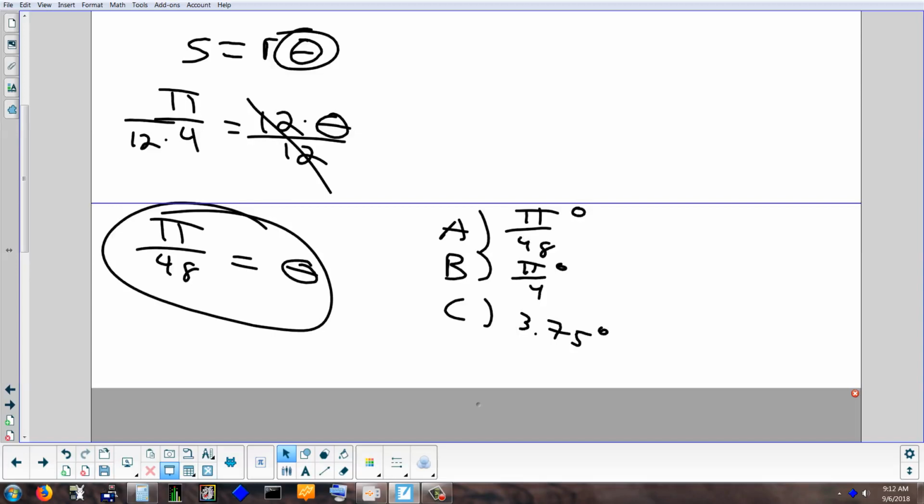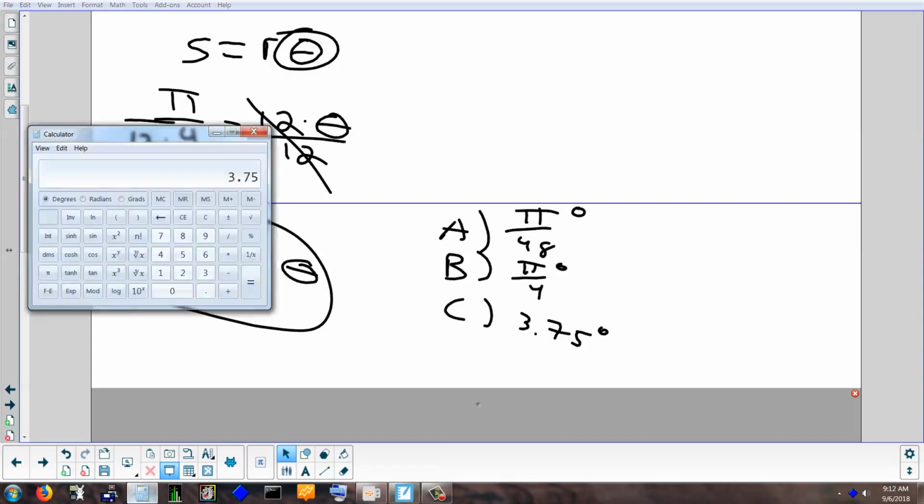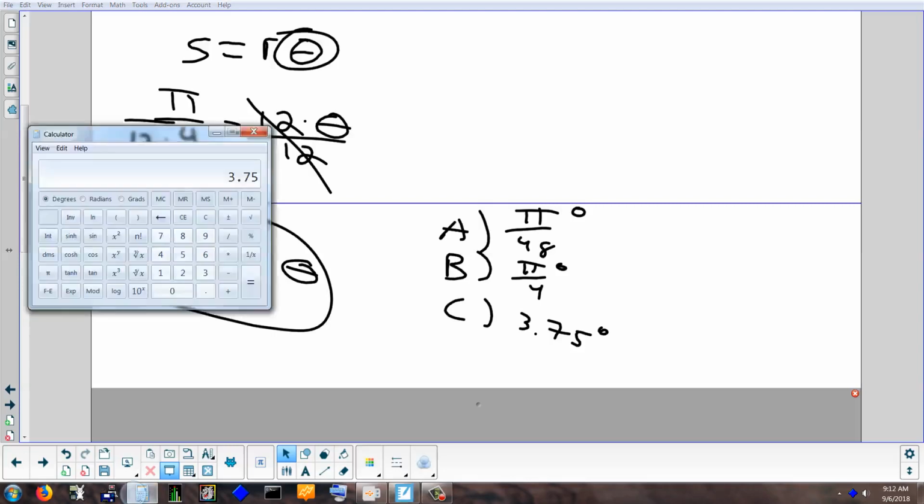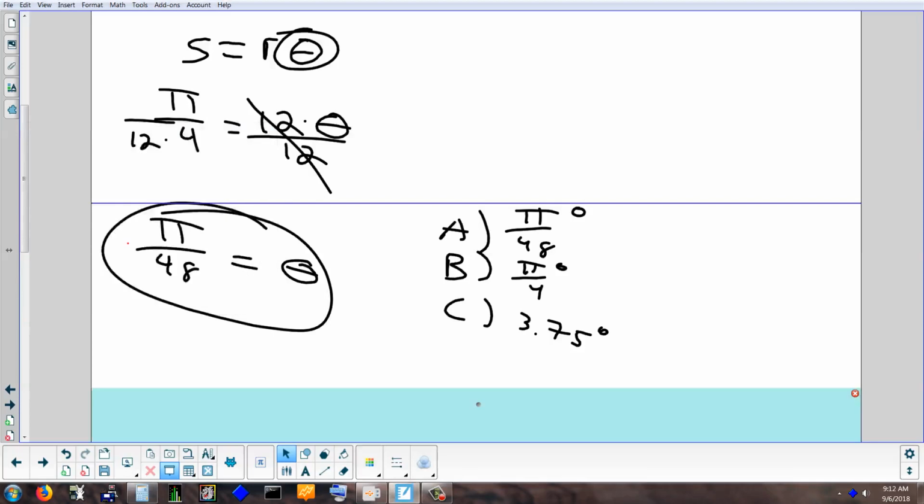Yeah, it's the 3.75. It's not A. All the answers are in degrees. This answer is in radians. I didn't know what this was in degrees off the top of my head, so I converted that to degrees really quick, and I got 3.75. So the correct answer here, if it was multiple choice, is C. Just remember, the formula always gives you an answer in radians, but the multiple choices were in degrees, so you have to change it.